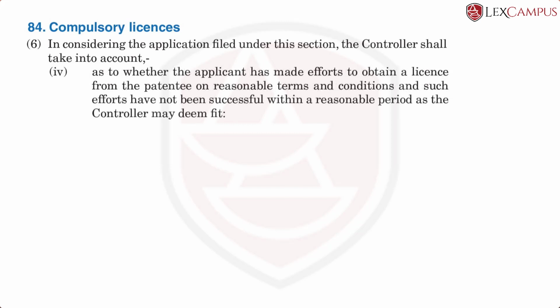4. As to whether the applicant has made efforts to obtain a license from the patentee on reasonable terms and conditions, and such efforts have not been successful within a reasonable period, as the controller may deem fit.